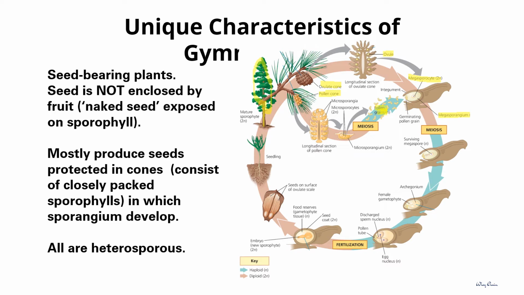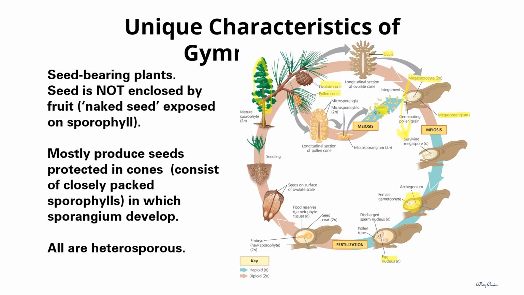Within the megasporangium, we focus back on the megasporocyte, which will undergo meiosis, and only one surviving haploid megaspore will develop into the female gametophyte, which contains the archegonium. Within the archegonium, there is the female gamete, the egg cell.